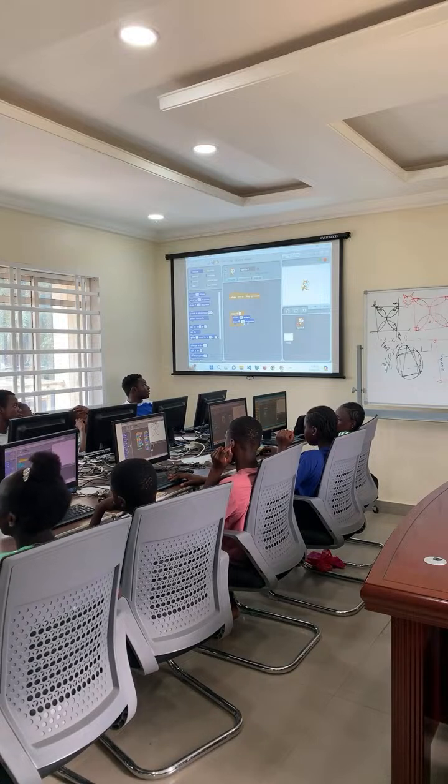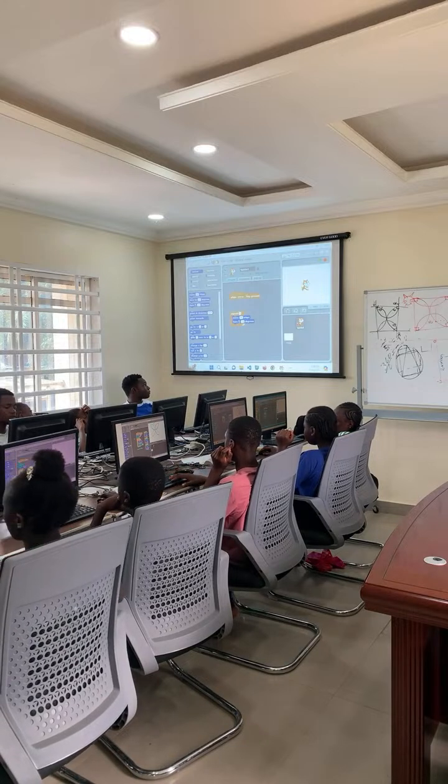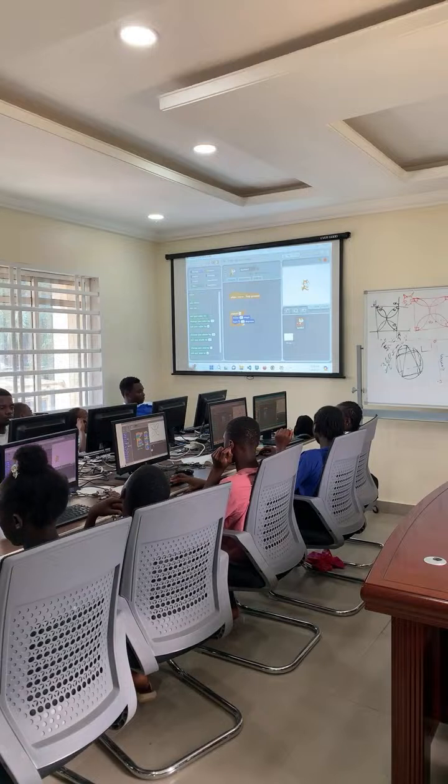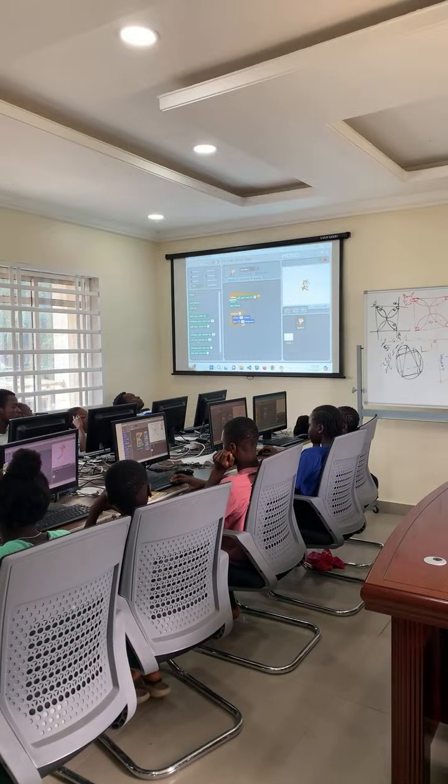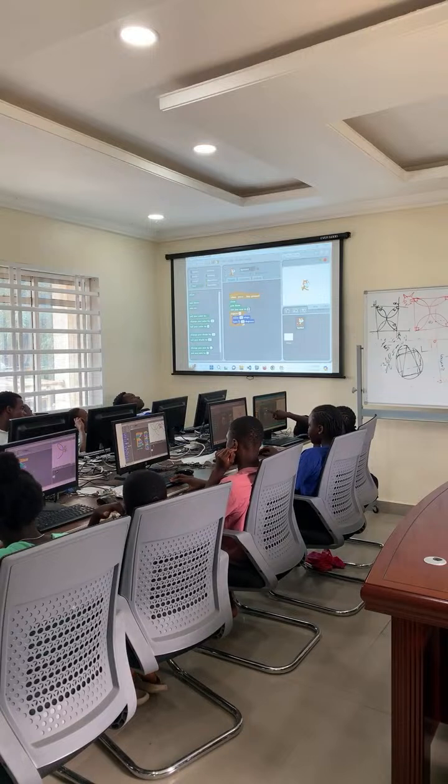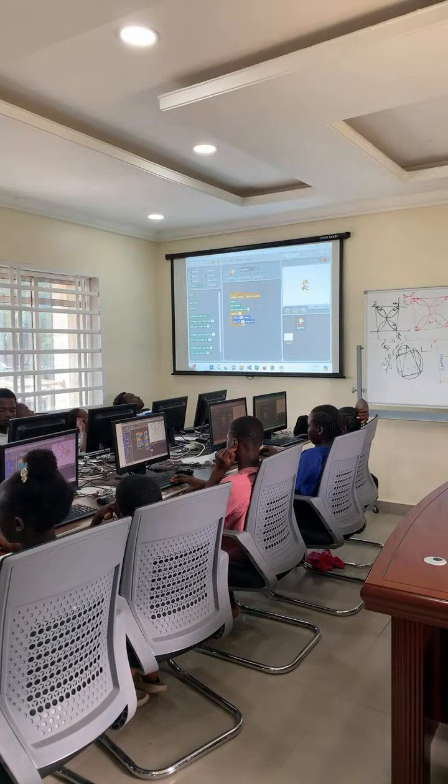Are we together? Alright. So let me pen down. Let me use my pen tools to do something here. Pen down. Let me set pen size to, let me use 3. So let me run my code and see what happens.